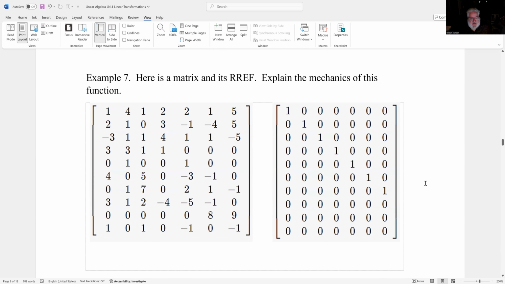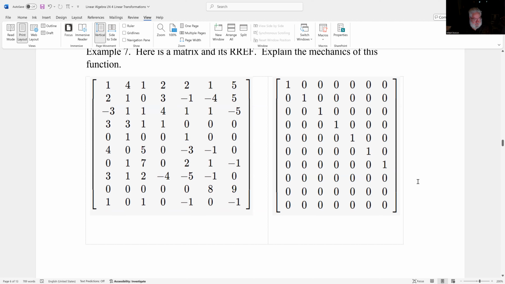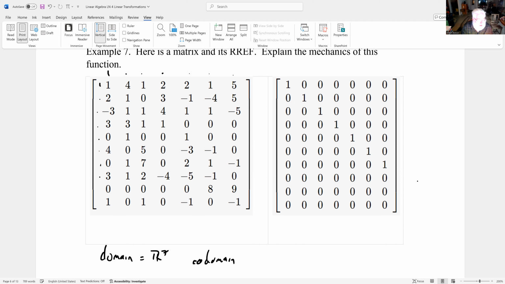So here's a matrix and its RREF. What's going on here? So dimension of domain, 1, 2, 3, 4, 5, 6, 7. Codomain, 1, 2, 3, 4, 5, 6, 7, 8, 9, 10.